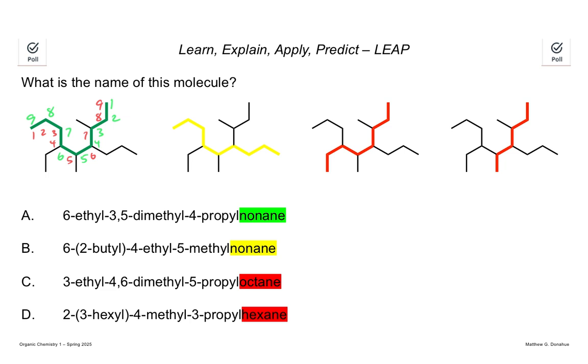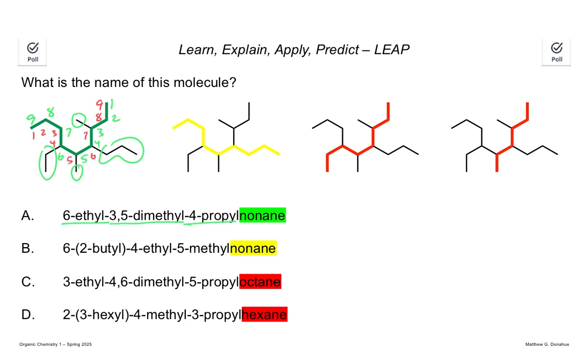So it says 6-ethyl. Off carbon 6, there's a 2-carbon unit. Ethane becomes ethyl. Carbons 3 and 5, 3,5-dimethyl. And then carbon 4 has a 3-carbon chain, propyl.